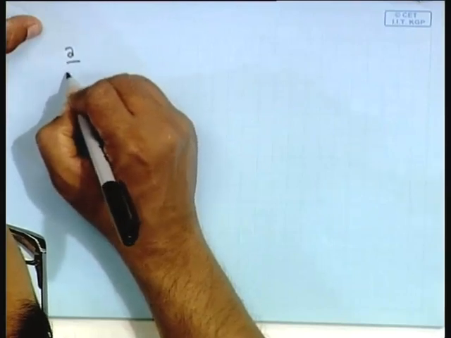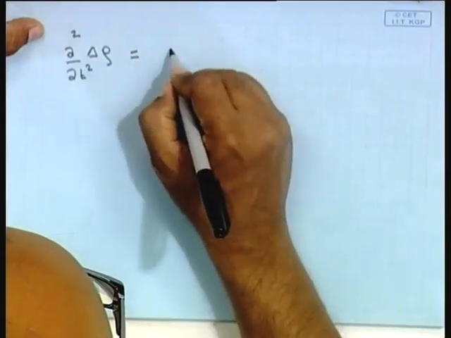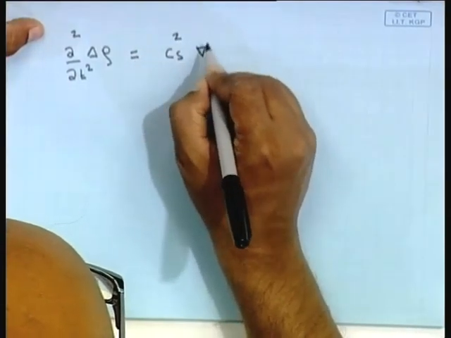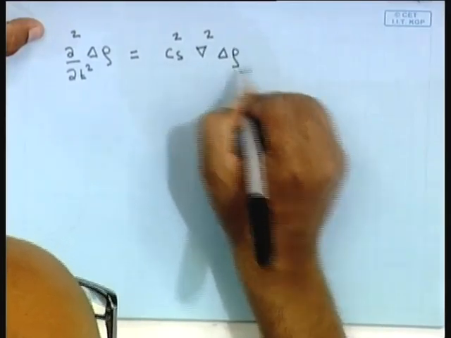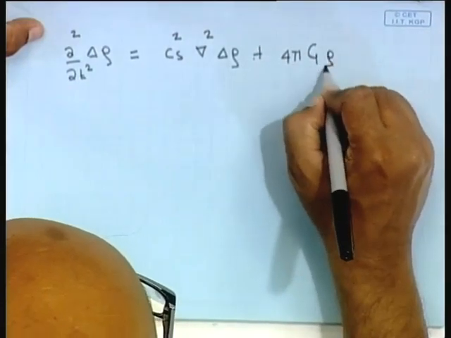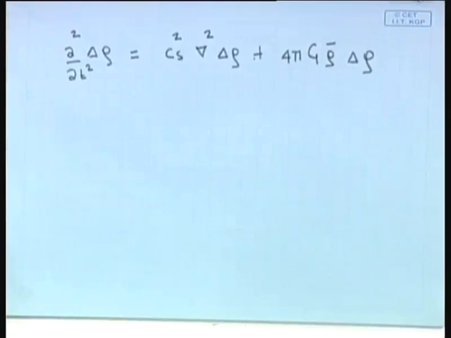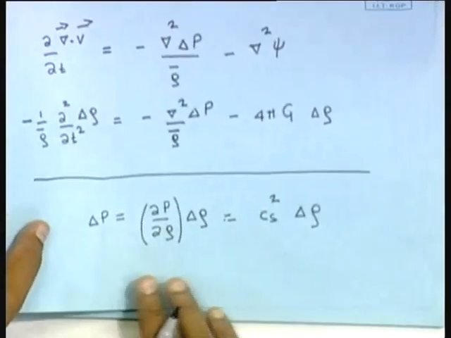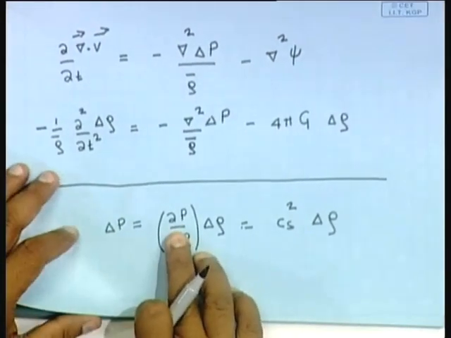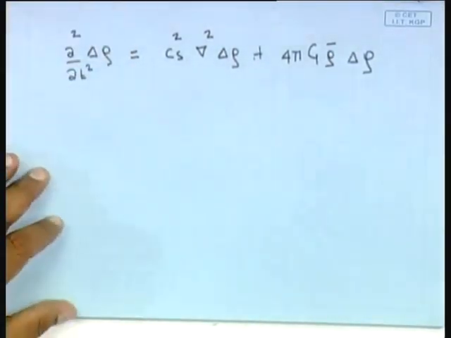What we get finally is, so that's the equation governing delta rho, which we finally obtain having used the symbol Cs square to denote the partial derivative of p with respect to rho. So, this is the equation.